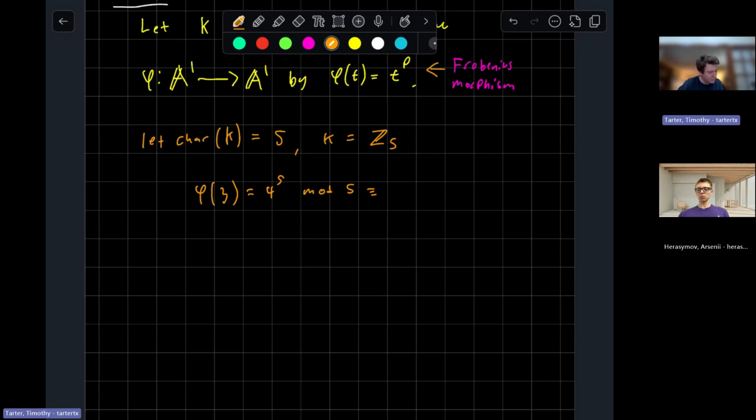Well, but then how is this not an isomorphism? Oh, I know how it's not an isomorphism. Wait.